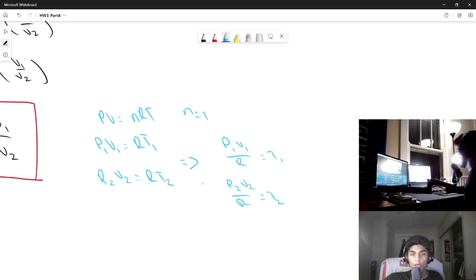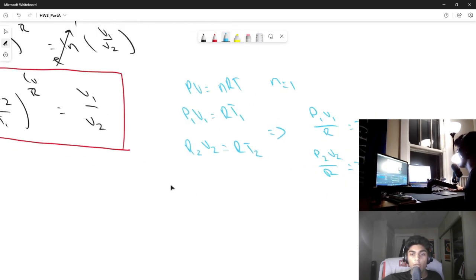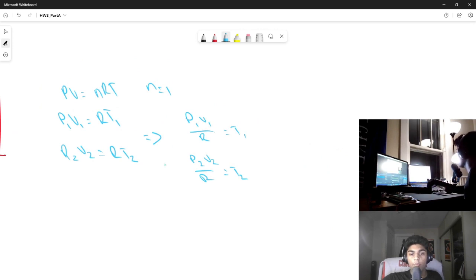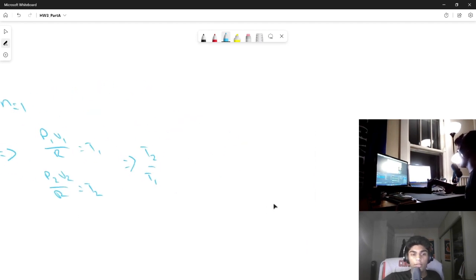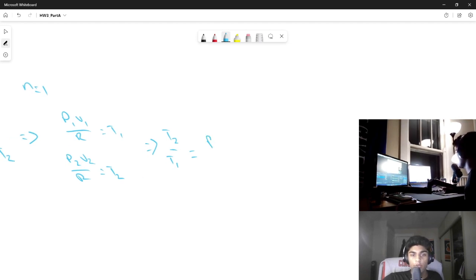Now if we look back here, we see that we have T2 over T1. So let's go ahead and try and recreate that here. If we have T2 over T1, we are essentially getting P2 V2 over R times, and since we're dividing fractions, we can multiply by the reciprocal of the other fraction, which is R over P1 V1.